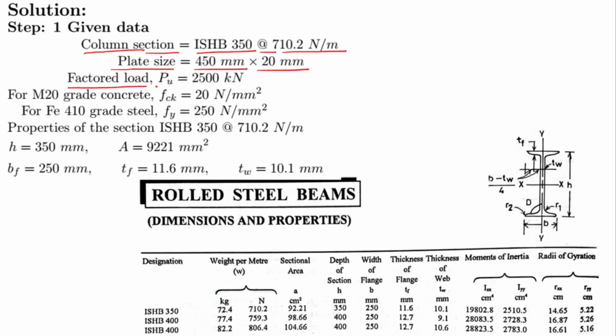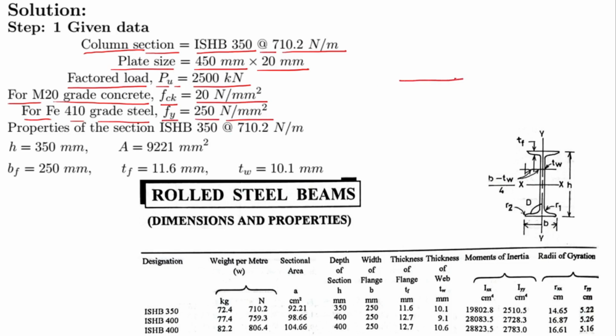Factored load Pu equals 2500 kN. For M20 grade of concrete, the characteristic compressive strength, denoted by fck, is 20 Newton per mm square. For Fe 410 grade steel, the yield stress fy is 250 Newton per mm square.